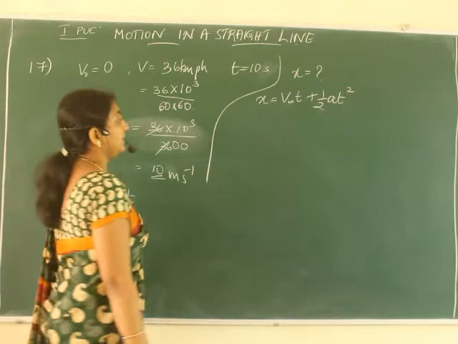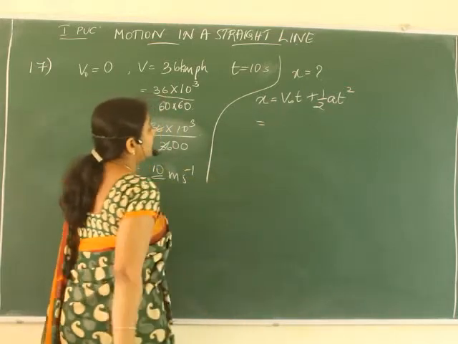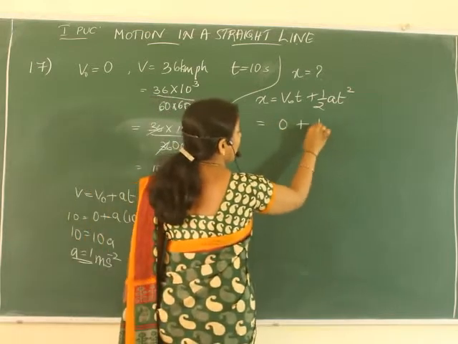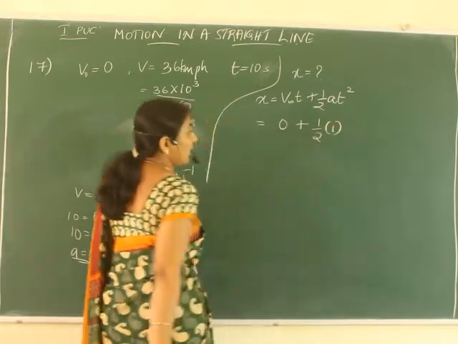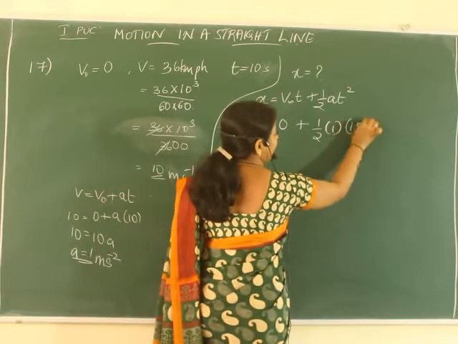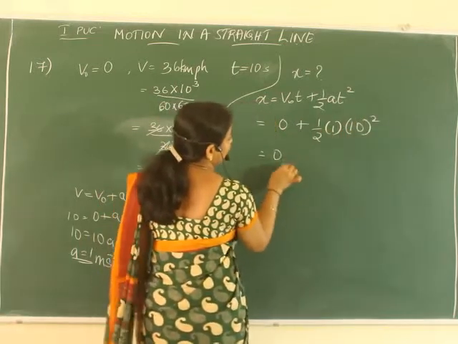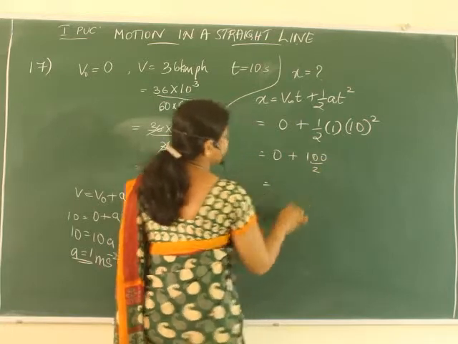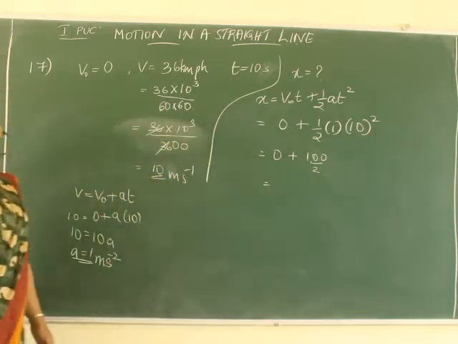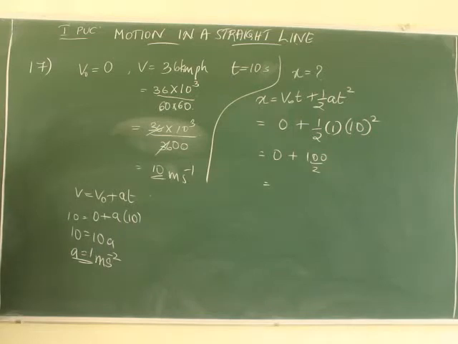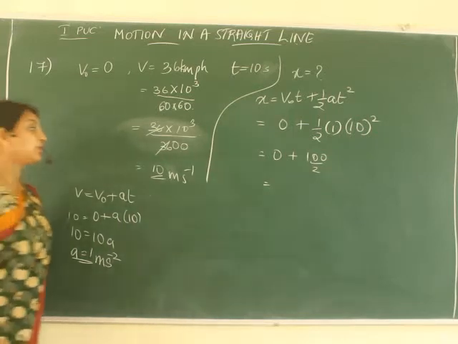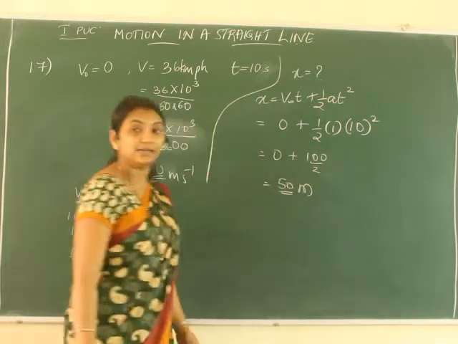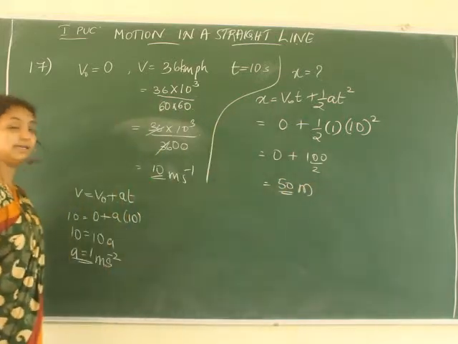So when you substitute, initial velocity is 0, 0 into time is 0, half, acceleration is 1, T is 10. 0 plus 100 by 2 is 50, correct? So 50, unit is meter. 50 meter is the answer.